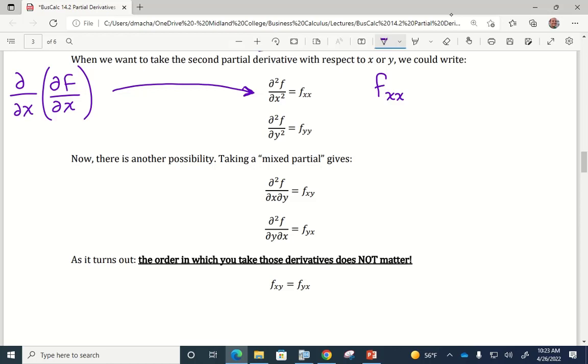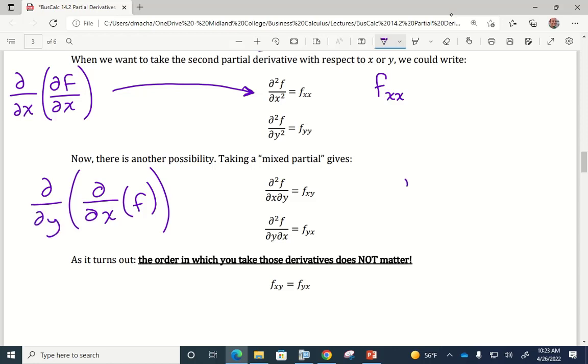Same thing for y. And then another thing that we have that's brand new for multivariable functions is that I might want to take the partial derivative with respect to x of some function, and then with the function that I'm left with, I might want to then take the partial derivative with respect to y.